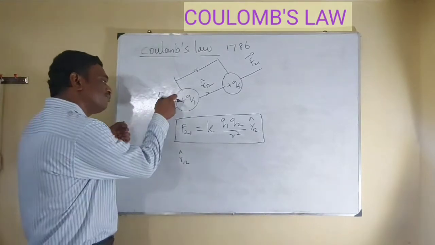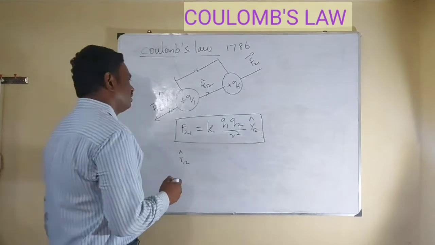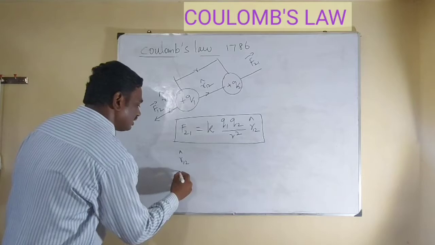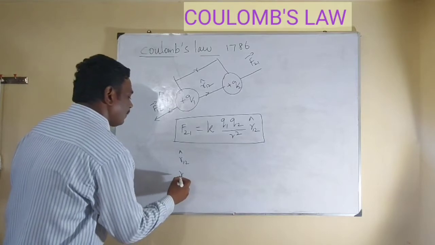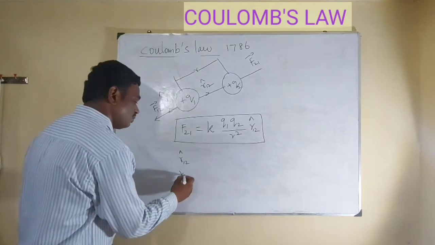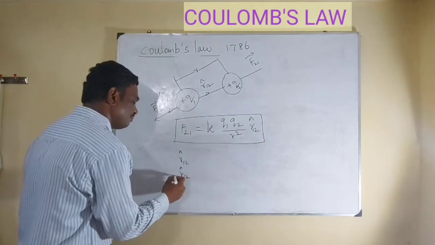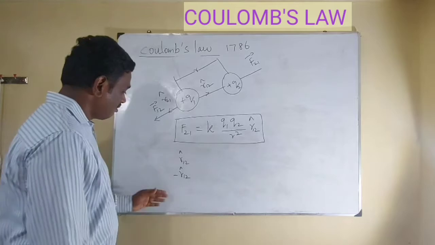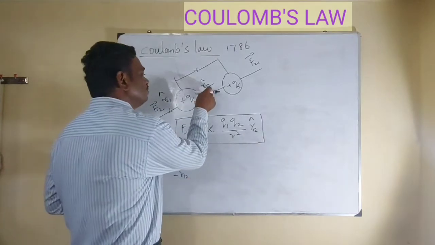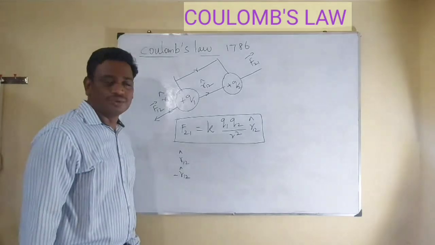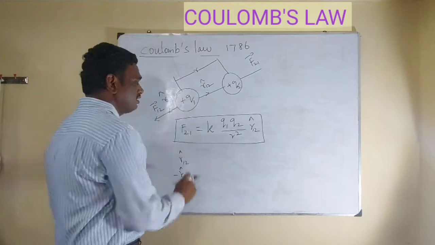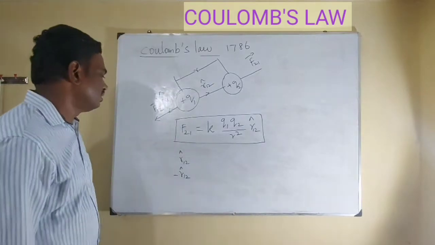Similarly, the force F12 acts along Q2 to Q1, so the unit vector can be written R21, or minus R12 cap. The unit vector R21 is opposite to the unit vector R12.